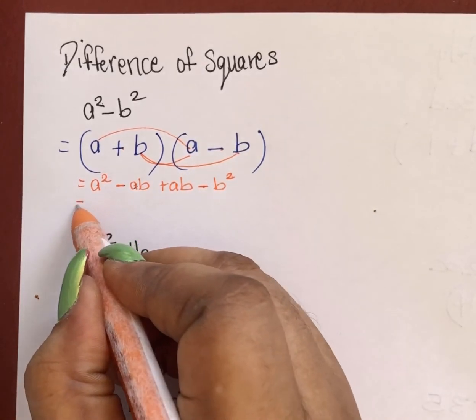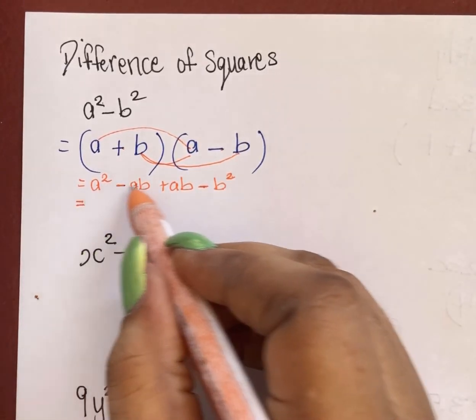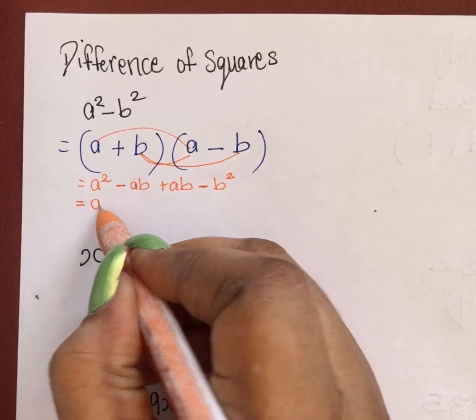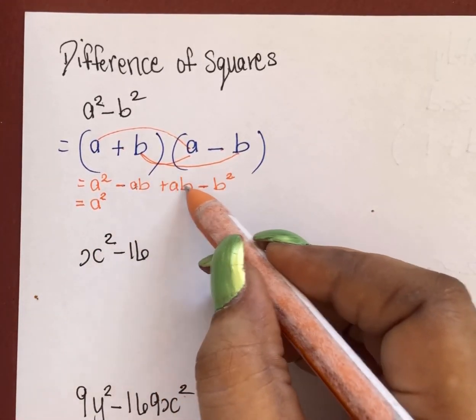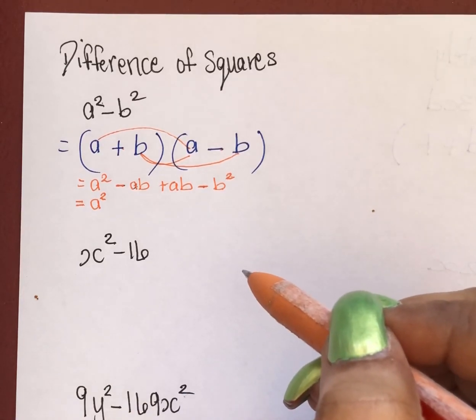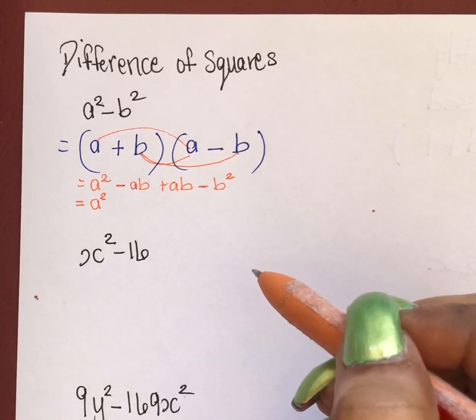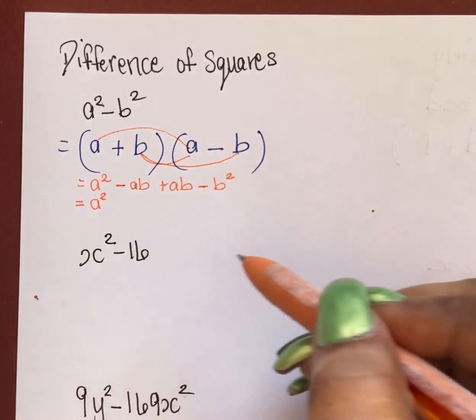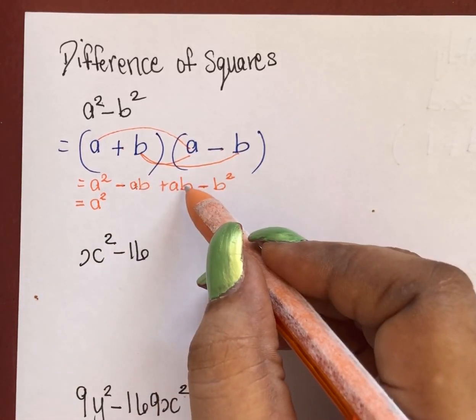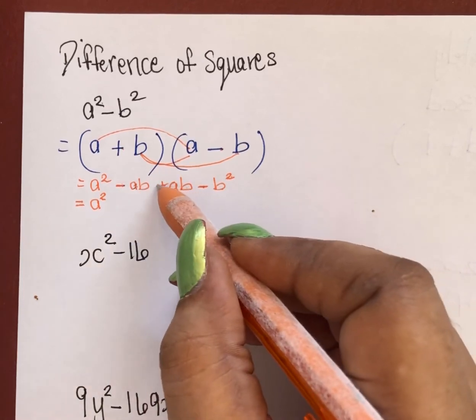And let us simplify. There is only one a squared term, so we rewrite a squared. Minus ab plus ab, they will cancel themselves, because that is the same as saying minus 1 plus 1. Notice they are identical, but they go in opposite directions.